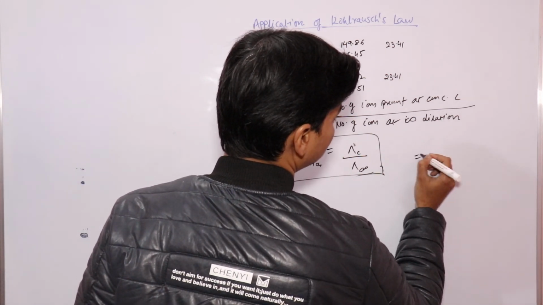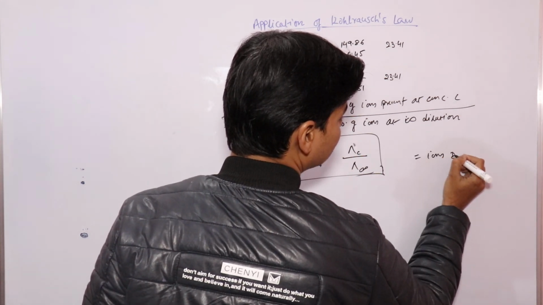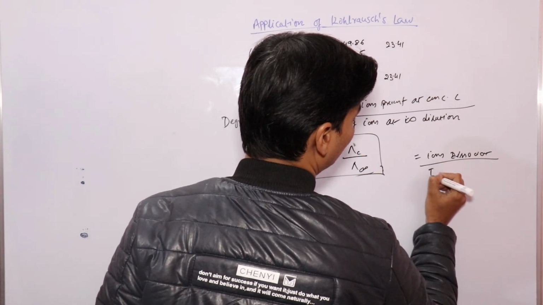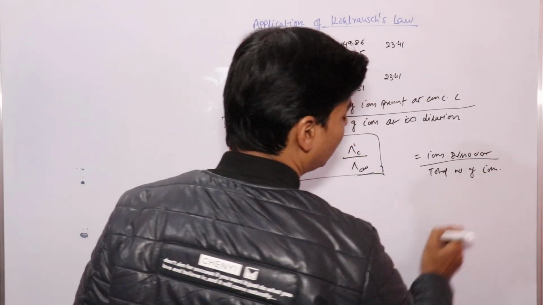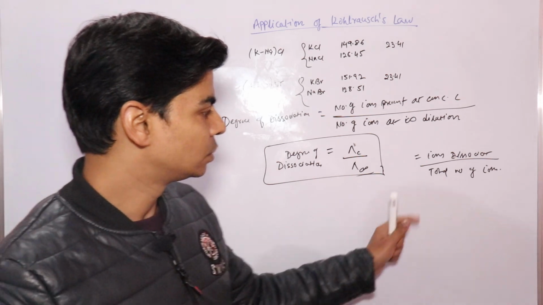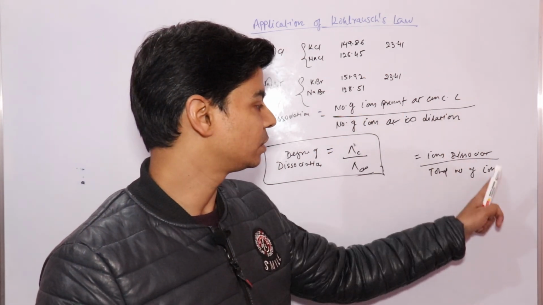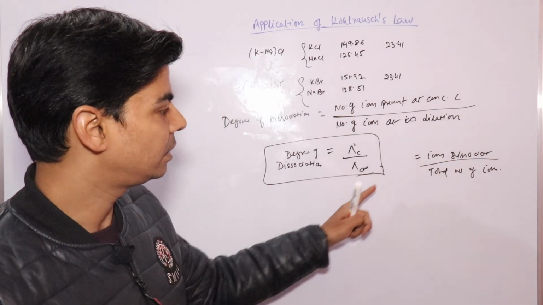The normal formula is ions dissociated divided by total number of ions. We get the total number of ions when the electrolyte is completely dissociated, which is at infinite dilution. So in place of this, we write the number of ions at infinite dilution.